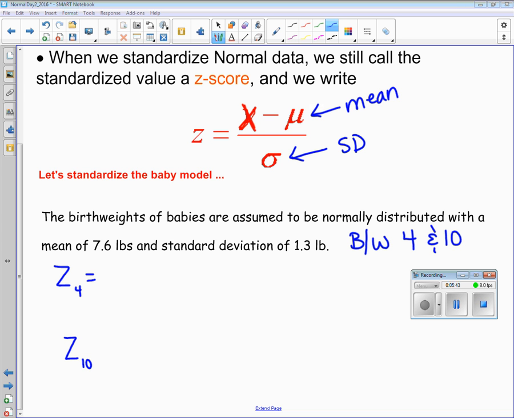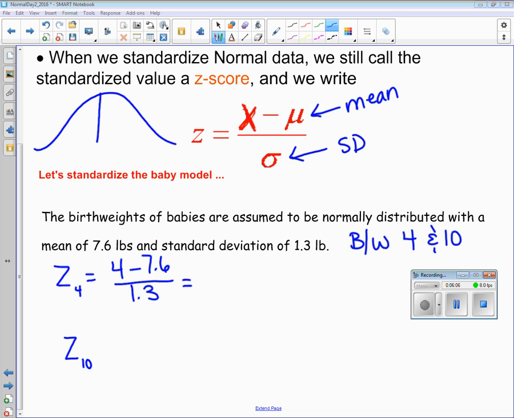Okay? For the z-score, the x value is going to be the number we're looking for. So it's 4 minus, and then the mean was what? 7.6. And the standard deviation was 1.3. Tell me what z-score that is. Do we expect it to be positive or do we expect it to be negative?